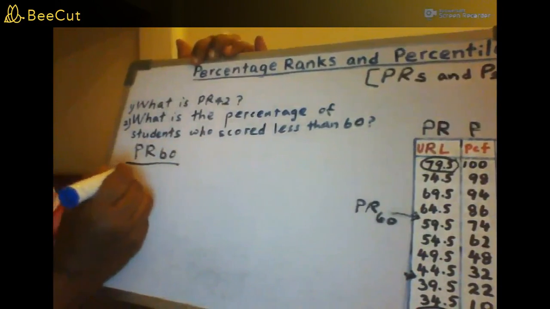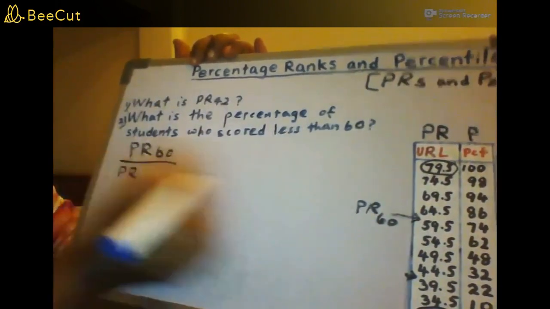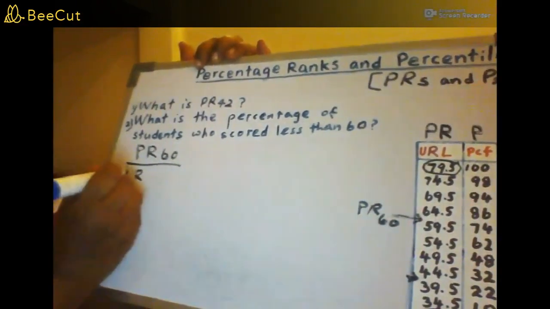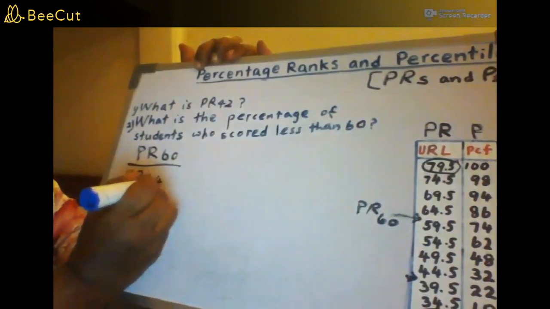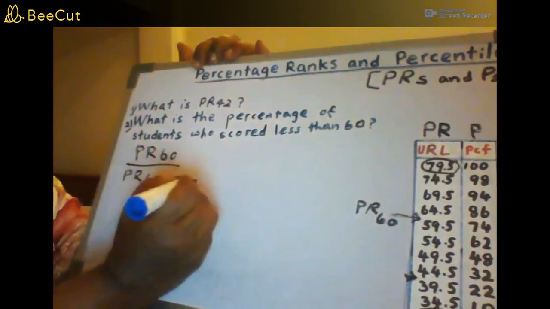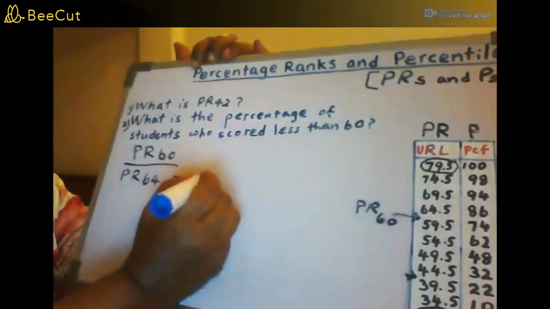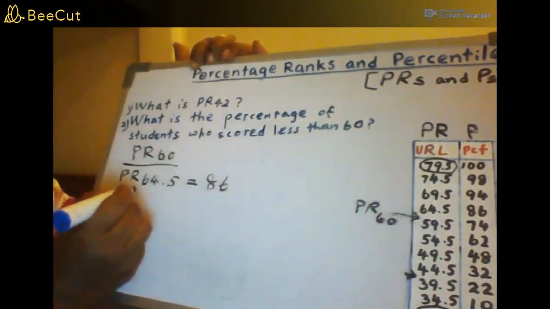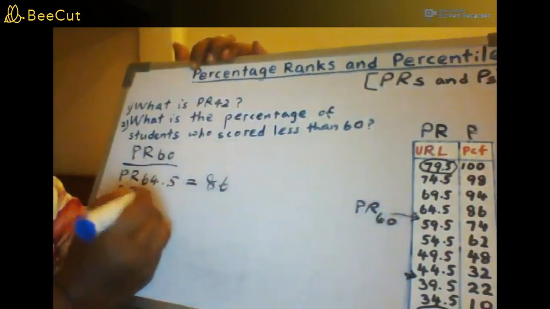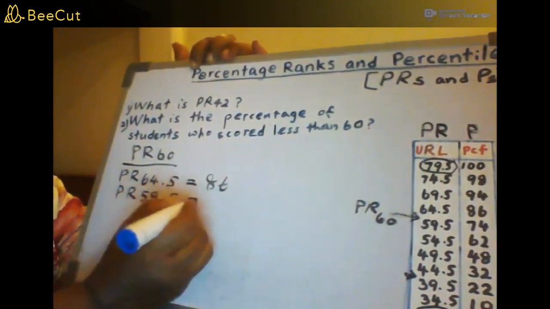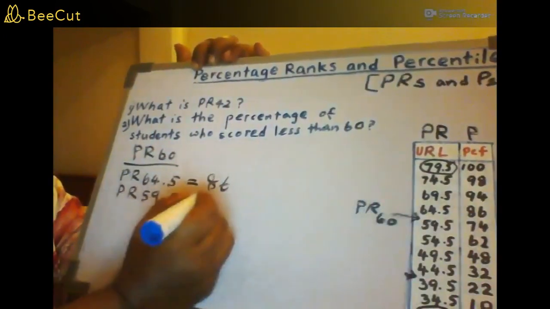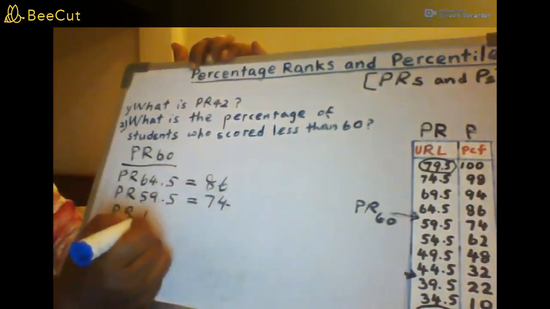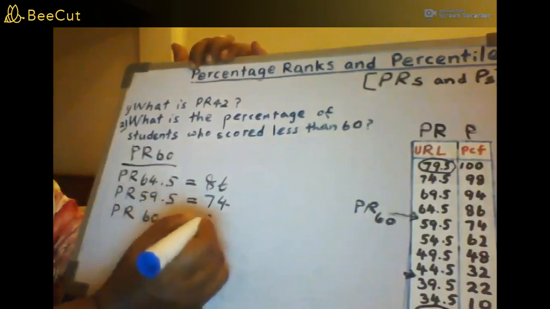So we write PR, not simply 64, PR 64.5 equals, what is that? 86. Then the other one, PR 59.5 equals 74. We have to find PR 60. That we don't know.